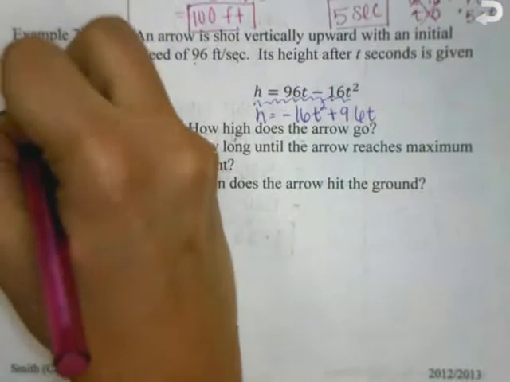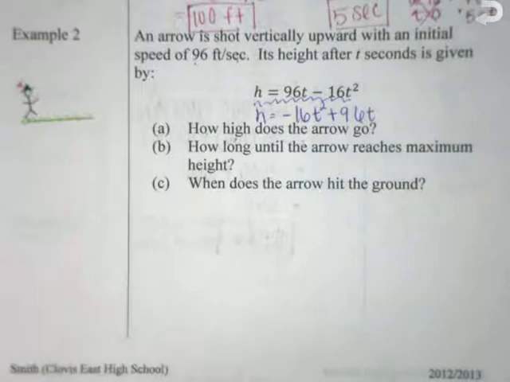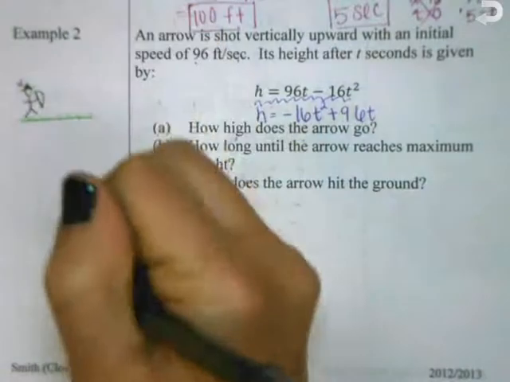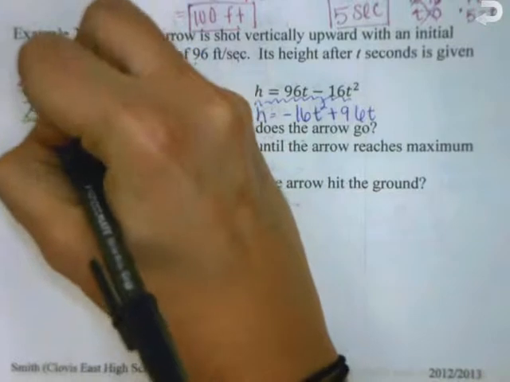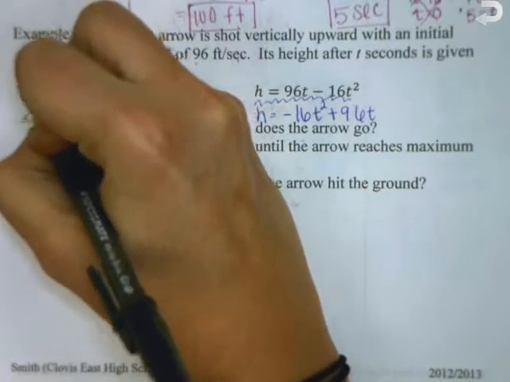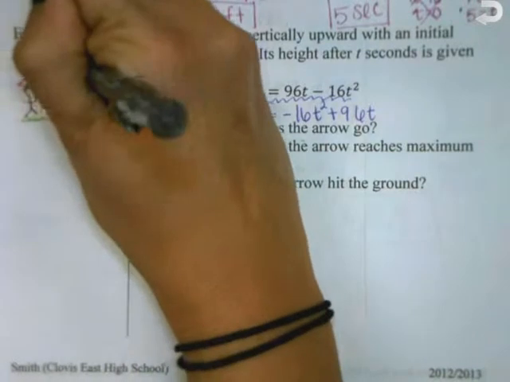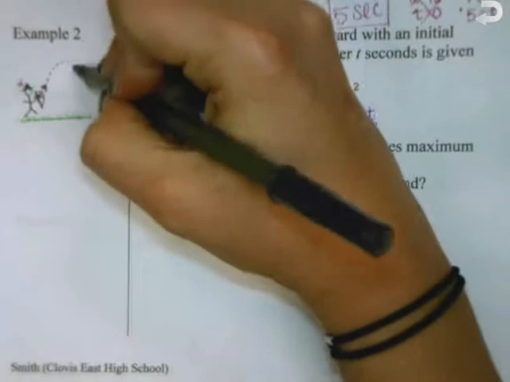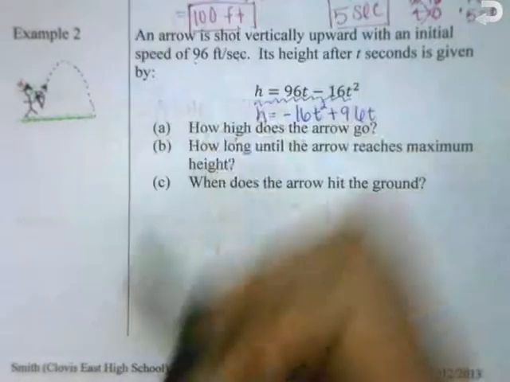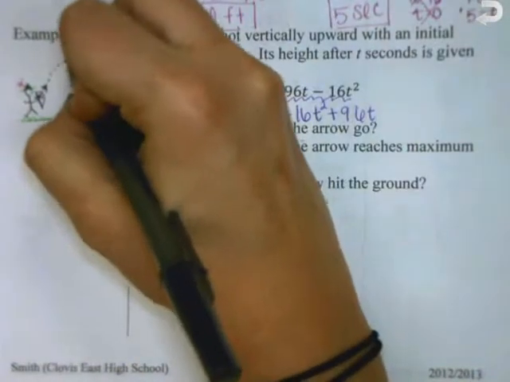Okay, and he is shooting an arrow. That arrow's going to go up and reach a peak point, and then eventually it's going to start falling. That peak point, my max, is what I'm looking for. That's also the vertex of your parabola.